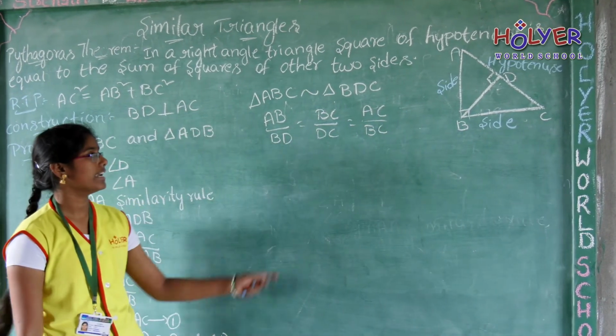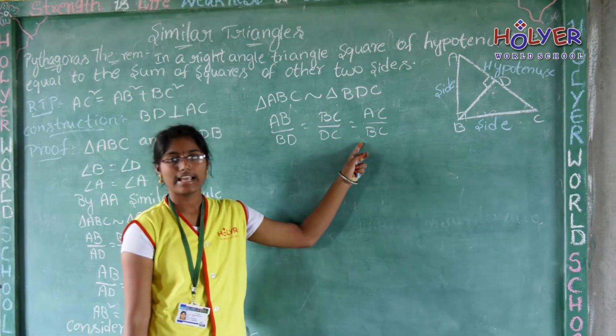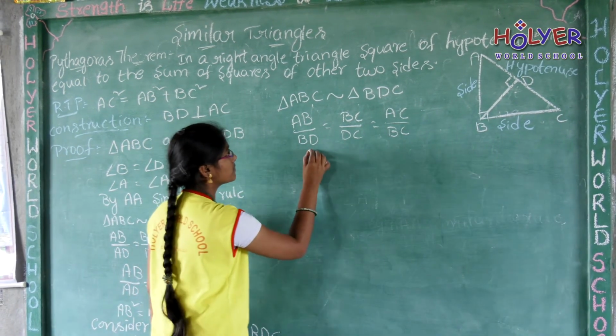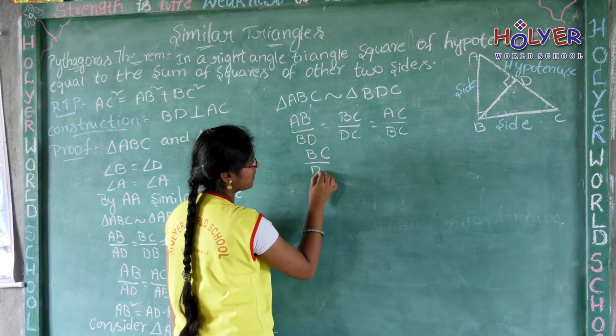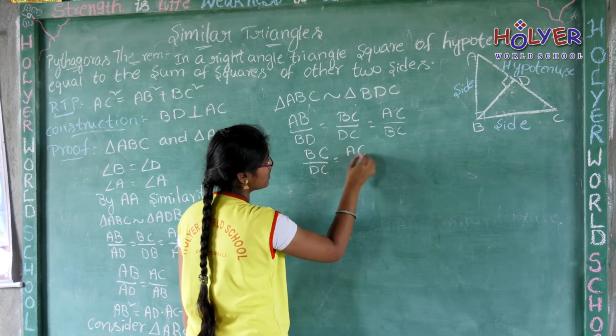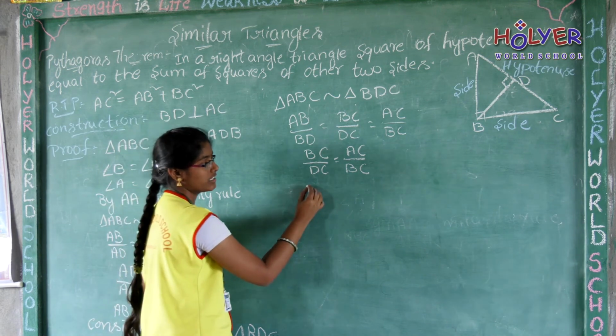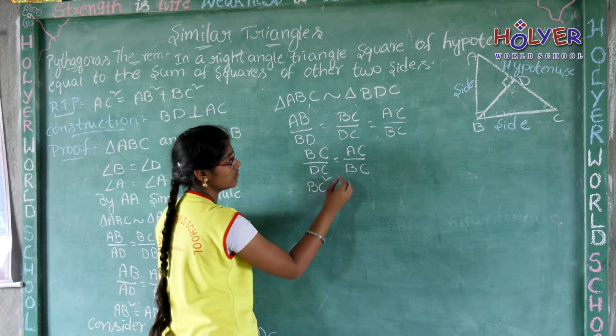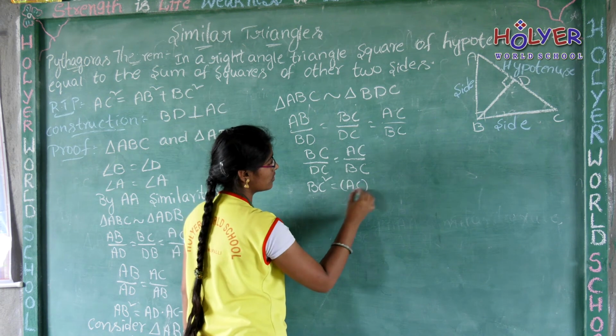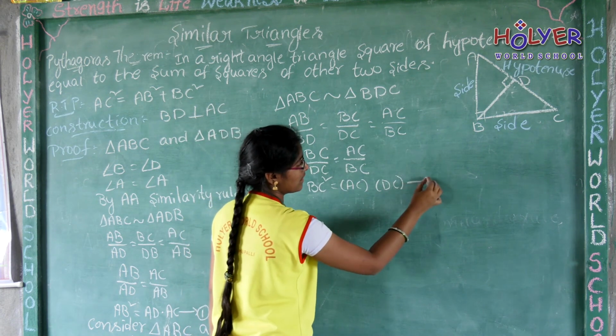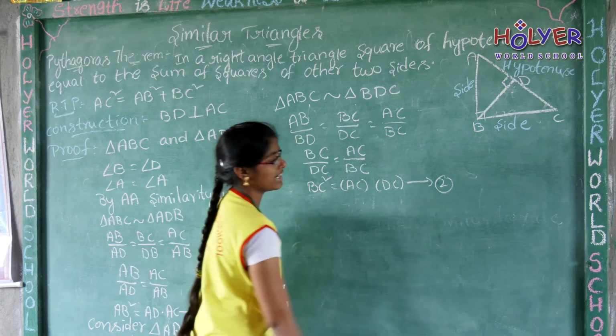From this, we write BC by DC is equal to AC by BC. By cross multiplication, we get BC square is equal to AC into DC. Consider it as equation 2.